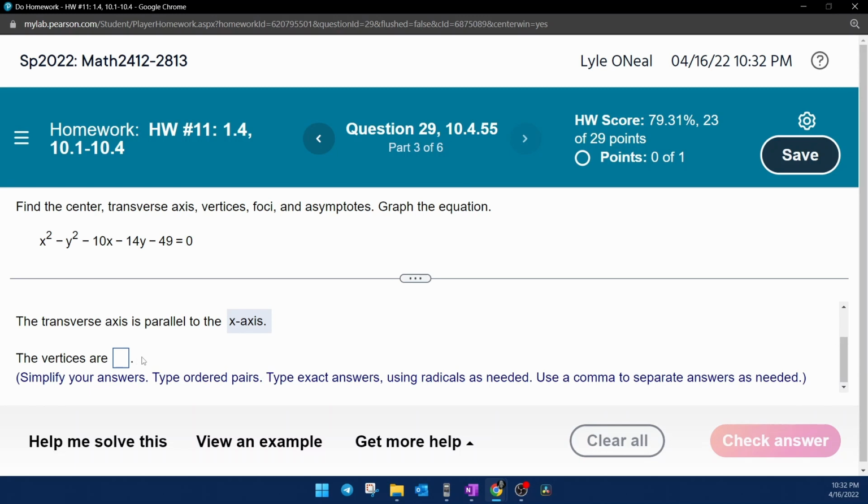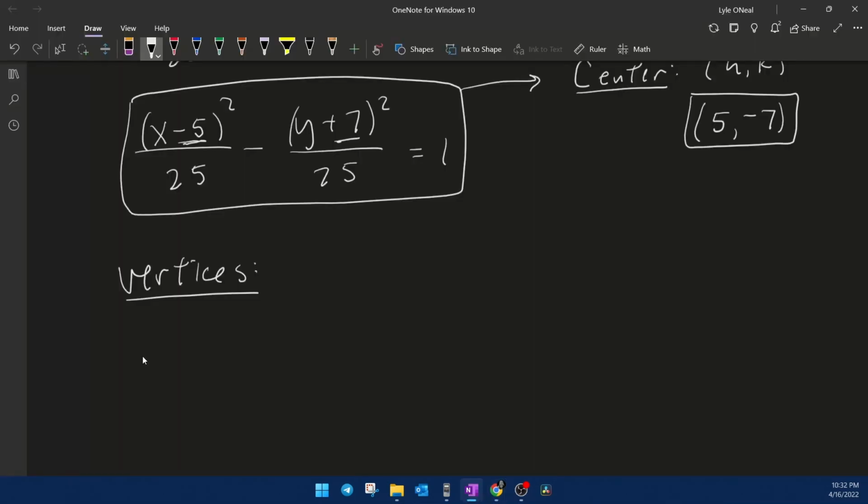Next, the vertices formulas in this case are h plus or minus a comma k. We know that a squared is always the first denominator for a hyperbola. Taking the square root gives us a is 5. Remember, we also know h and k already.